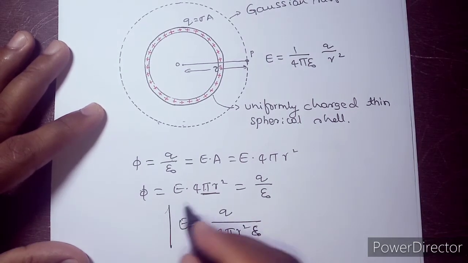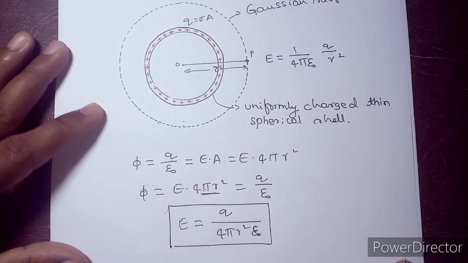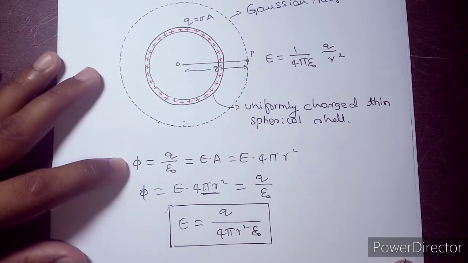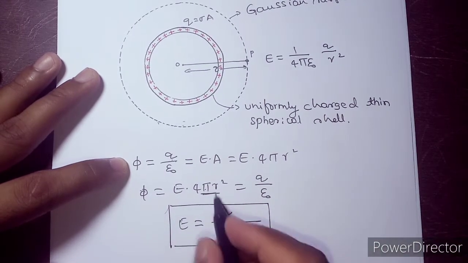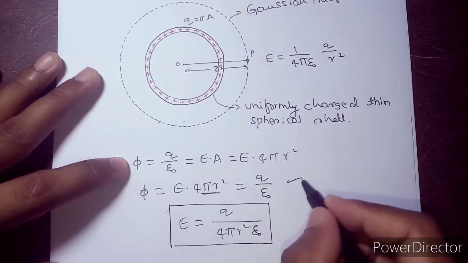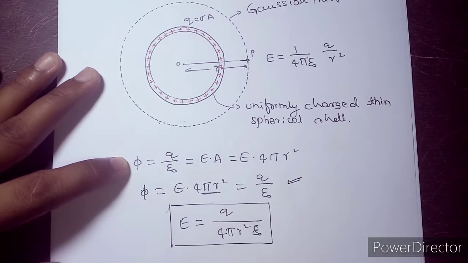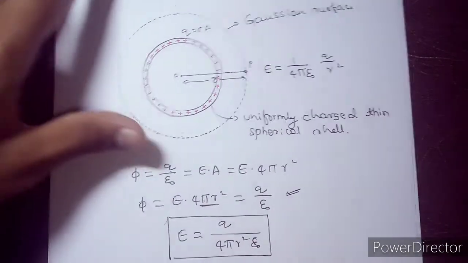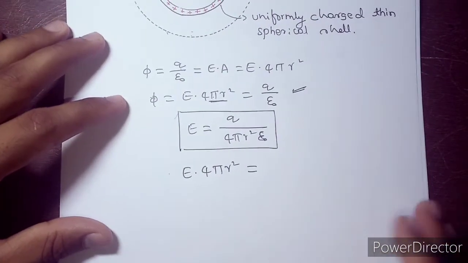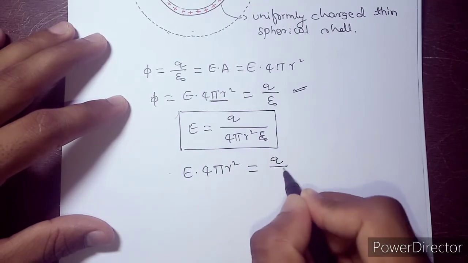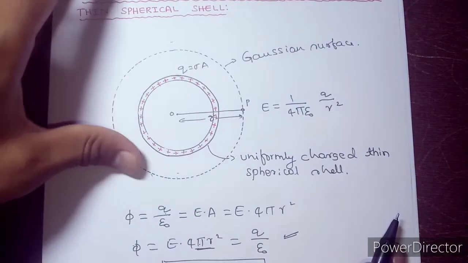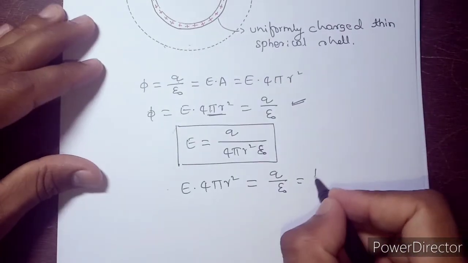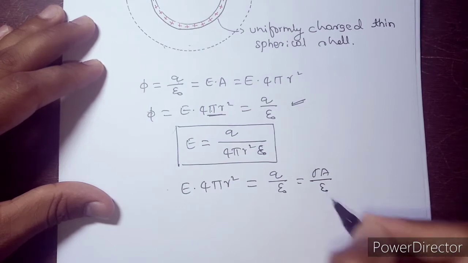This is in one way. In terms of surface charge density, we have this one, let's consider this again, E into 4 pi r square, that is equal to sigma A divided by epsilon naught, since Q is equal to sigma into A. Just substitute that there, divided by epsilon naught as it is.